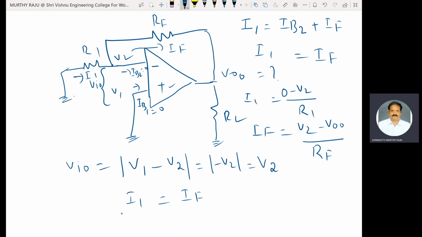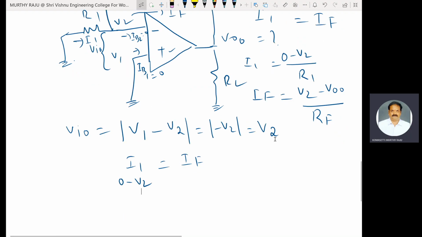Therefore, I1 is equal to IF. I1 is equal to 0 minus V2 by R1, and IF is equal to V2 minus the output offset voltage by RF. In both cases, V2 is equal to minus VIO.